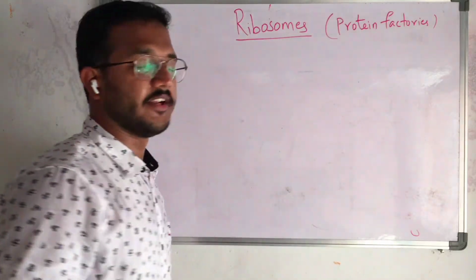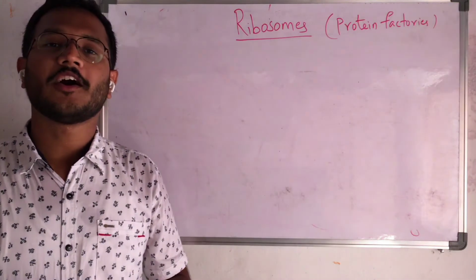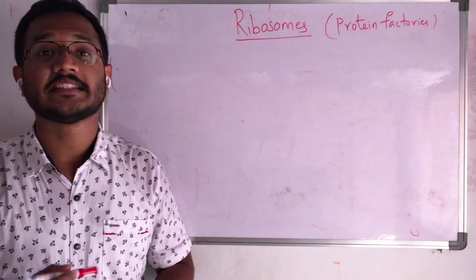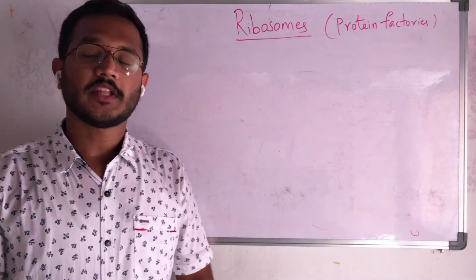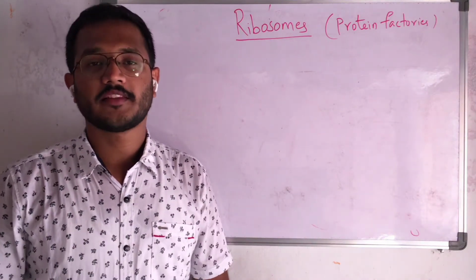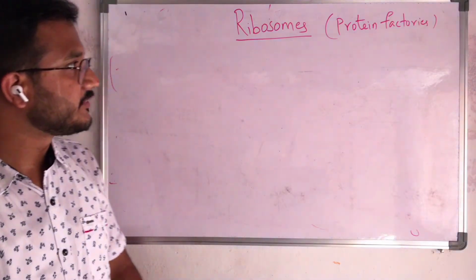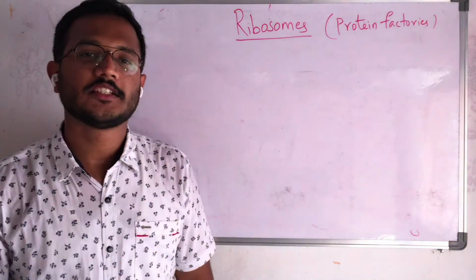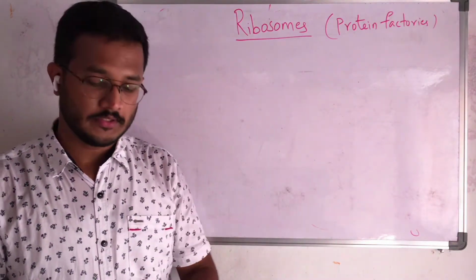Why was this name given? Protein factories means they are helpful in the synthesis of proteins. We know that proteins are the building blocks of our body. If proteins were not there, this body would not be formed. So these proteins are synthesized by a special cell organelle, the ribosomes.